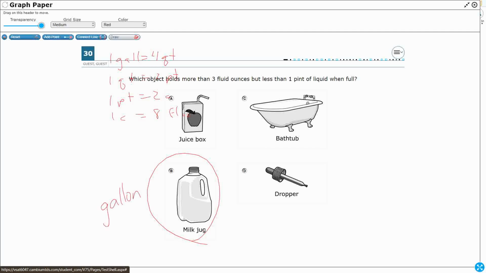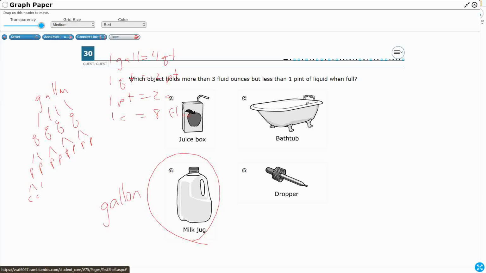So we're looking at, you see this gallon is going to have 4 quarts, right? Each quart is going to have 2 pints, and then each pint is going to have 2 cups.